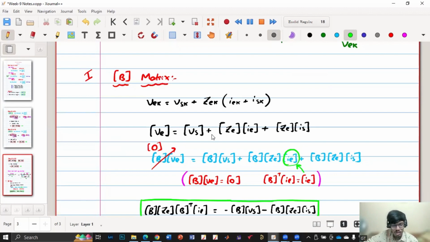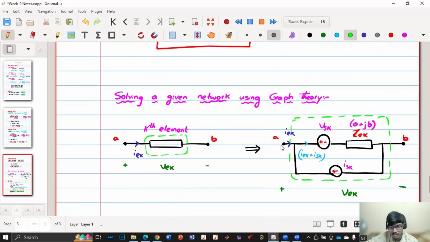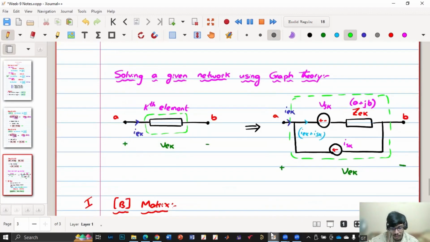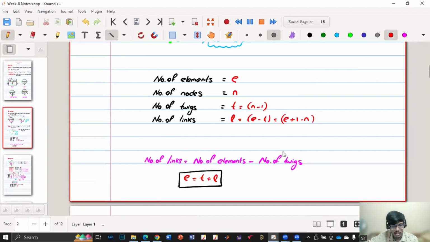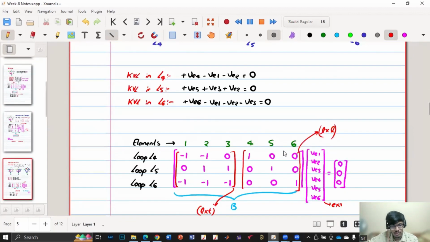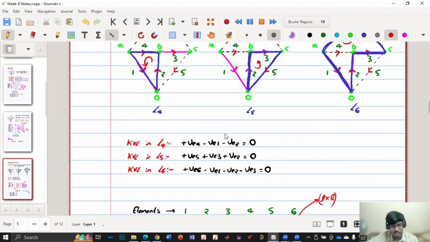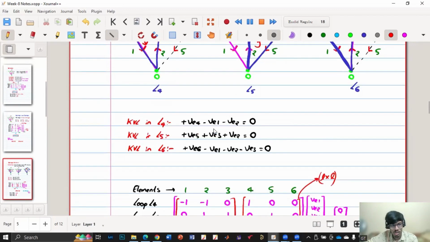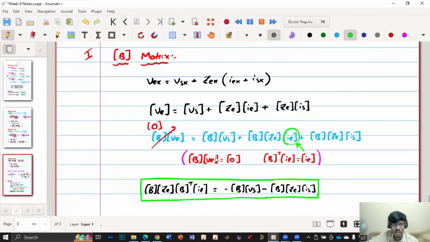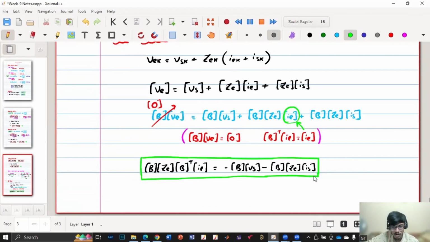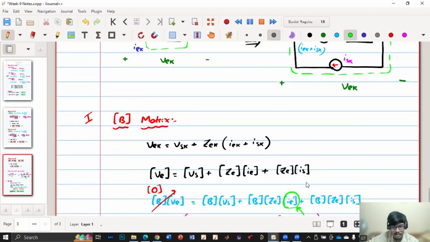So we'll apply KVL, the same thing. If you go to the B matrix, what we did actually in the B matrix, we applied KVL, right? So here also we have done the same thing. We have applied KVL and multiplied by B matrix. Then we have simplified it. We got one equation from which you will get IL or IE, which, if you back substitute here, you will get V. So is this clear how to use B matrix and solve?